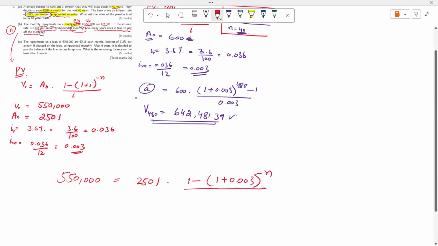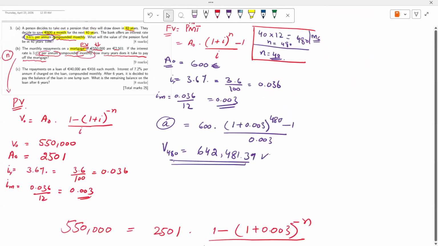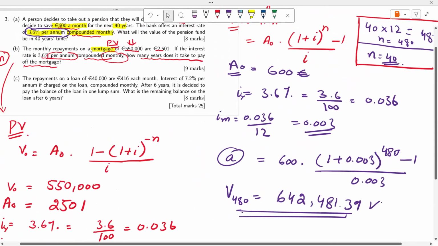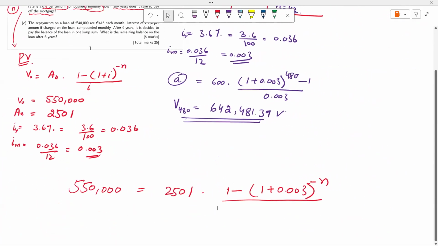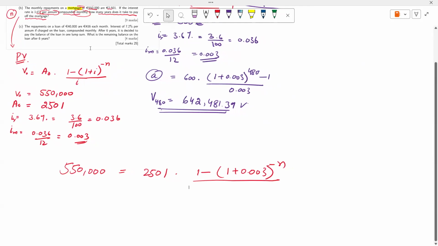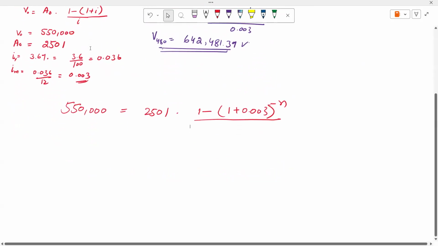The question asks for the time period in years, so you will have to convert months into years. For example, if you got 24 months, every year has 12 months, so I divide 24 by 12 and get 2 years.